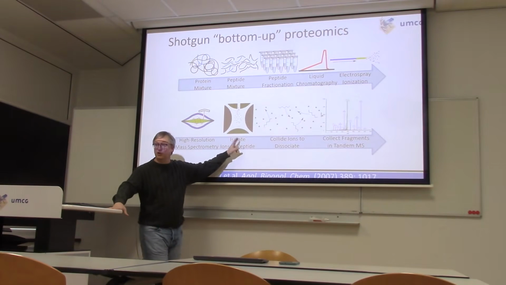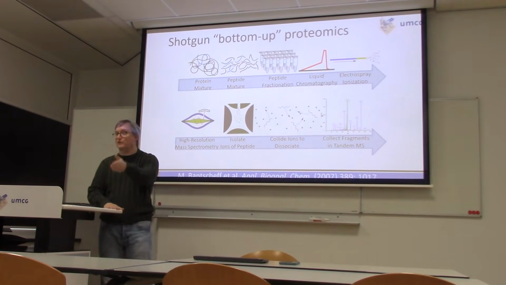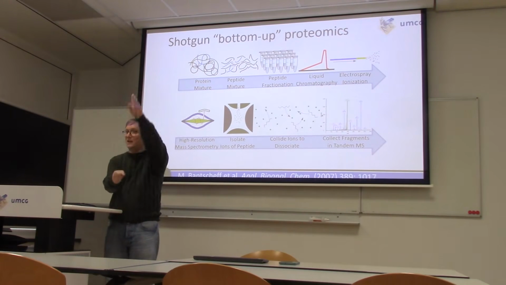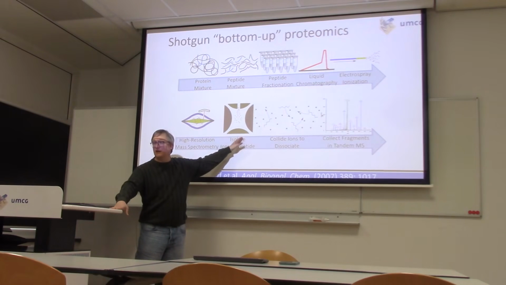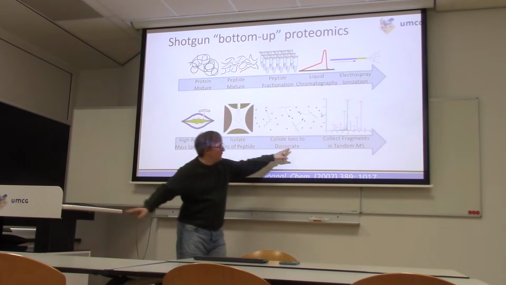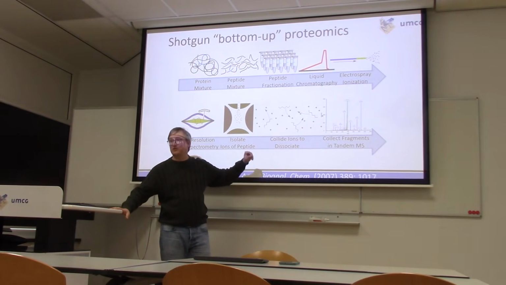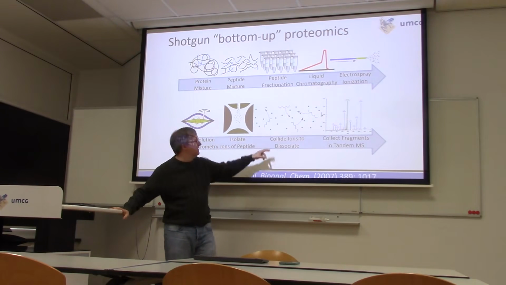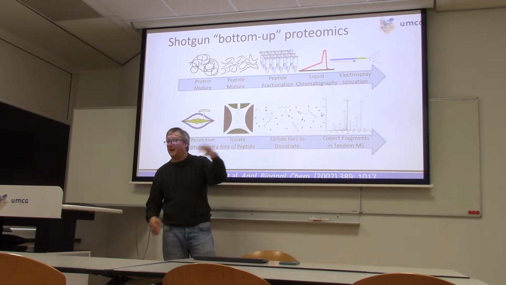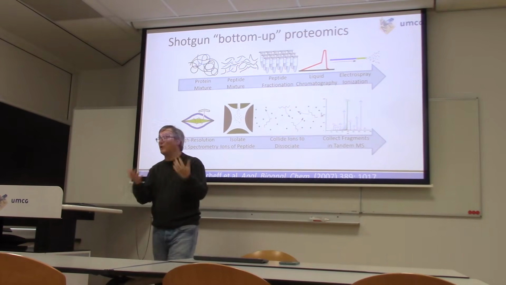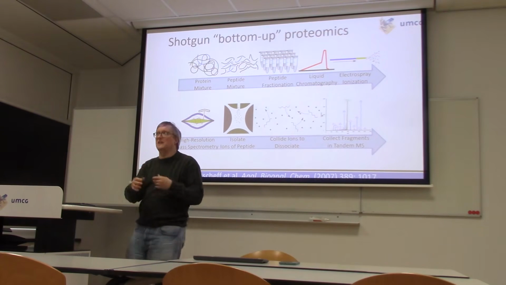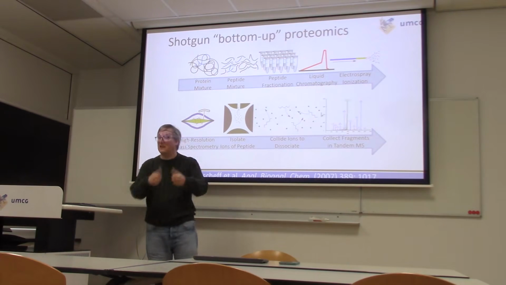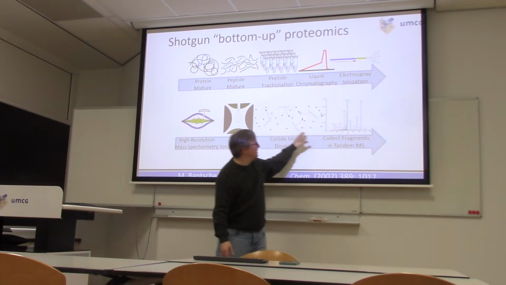Then we can choose a particular mass-to-charge value that has a nice intense peak, and we can isolate many ions of that peptide at that mass-to-charge value. We can then use collision-induced dissociation, or CID, to bounce these peptide ions off of noble gases. This causes them to gain energy, and they dissipate this by breaking peptide bonds.